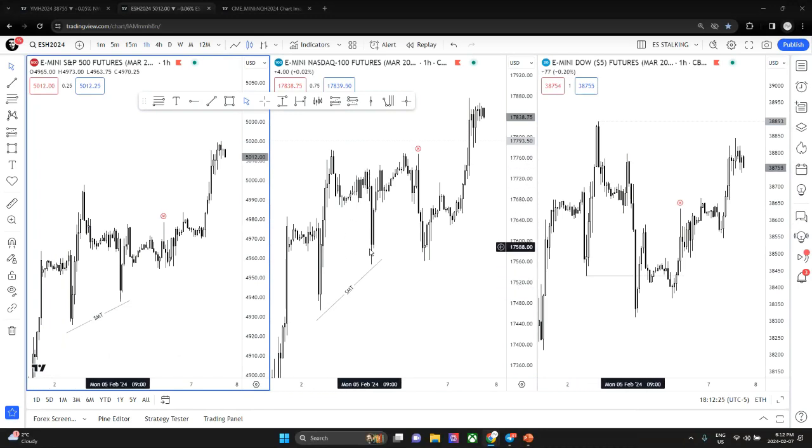So I expected price to at least trade to the 50% of this order block right here. But if it broke below, then I'd be extremely bearish, which I am still not bullish on the stock market, right? So right here, we had price trade here, leave this low intact, the S&P 500. The same thing happened for the NASDAQ, right?